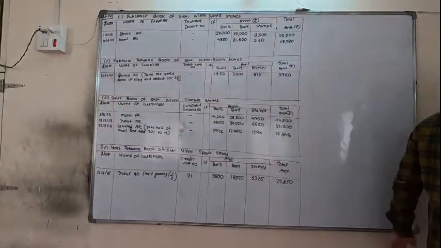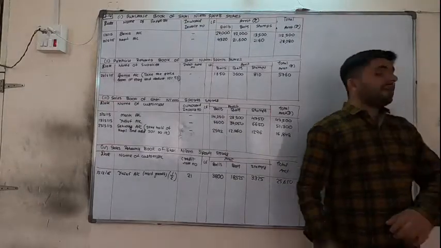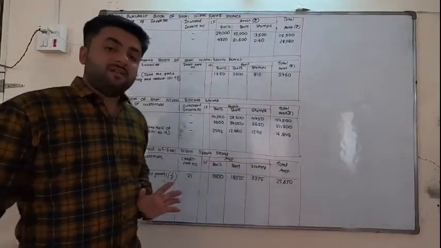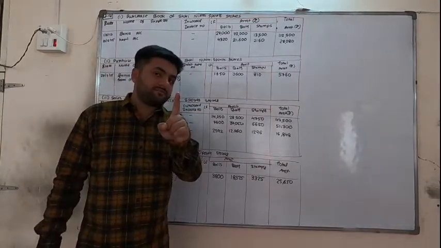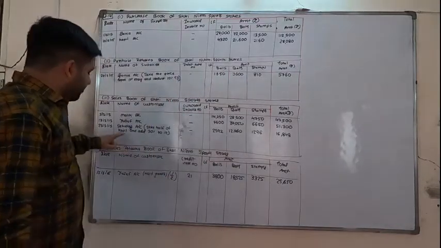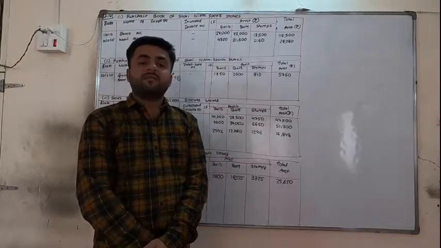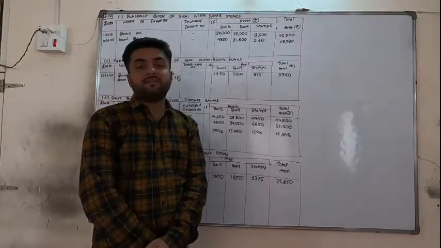Now see, next transaction is very important. Sevak is returning all the goods which we sold. But now one thing is to be understood. Sevak is returning all the goods, so same amount will be written here. But which amount for Kapil?